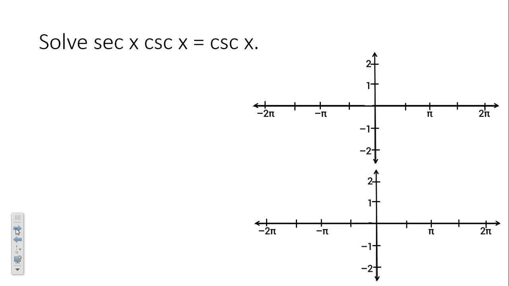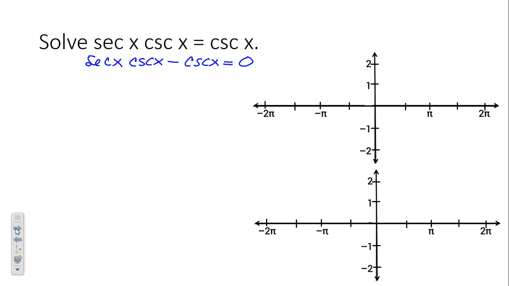It's the common thing that everybody wants to do, is just divide it out and just talk about secant. So let's bring everybody to one side. Everybody go okay with that?